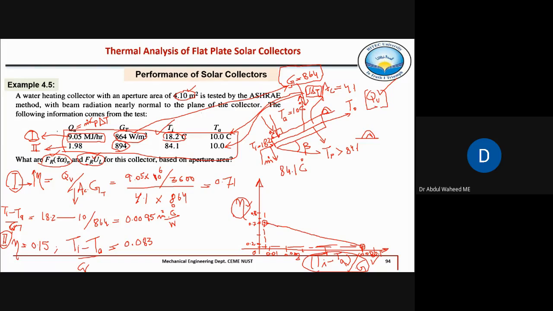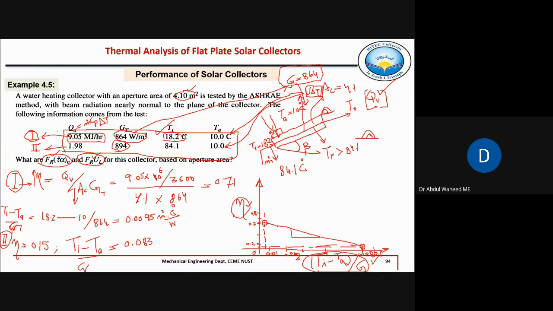So now we need to calculate the slope, because this term represents the slope of this efficiency equation. So it means this value, this slope. And here we have a straight line for which two data points are given.